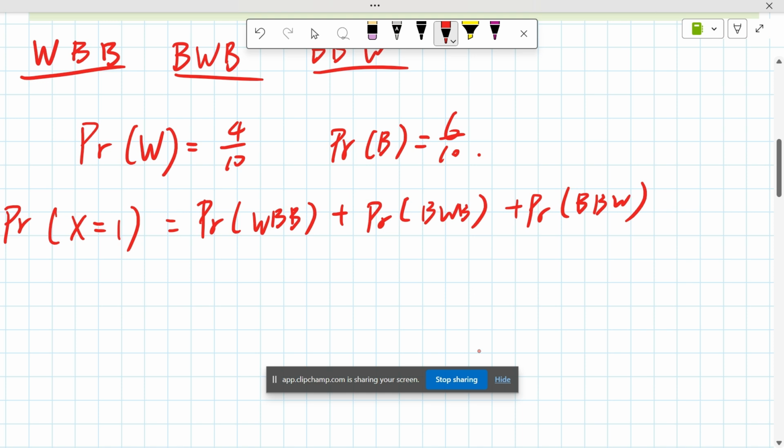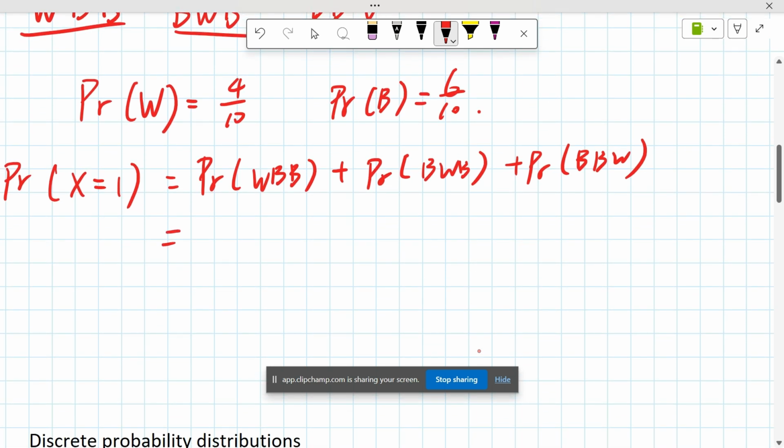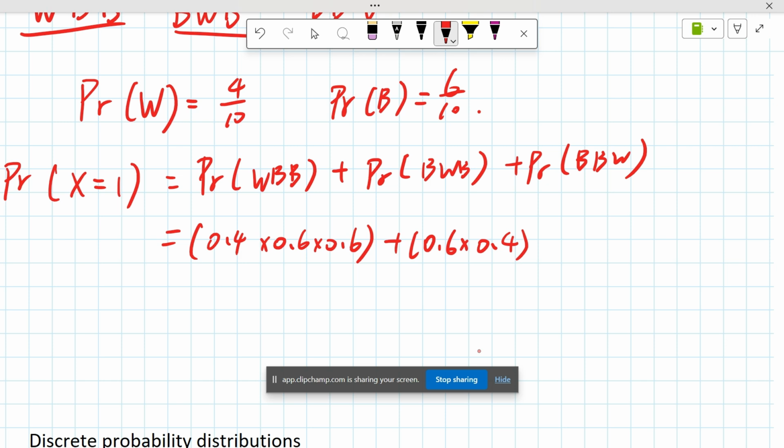Now we just multiply 0.4 times 0.6 times 0.6, plus 0.6 times 0.4 times 0.6, plus 0.6 times 0.6 times 0.4. Perfect.